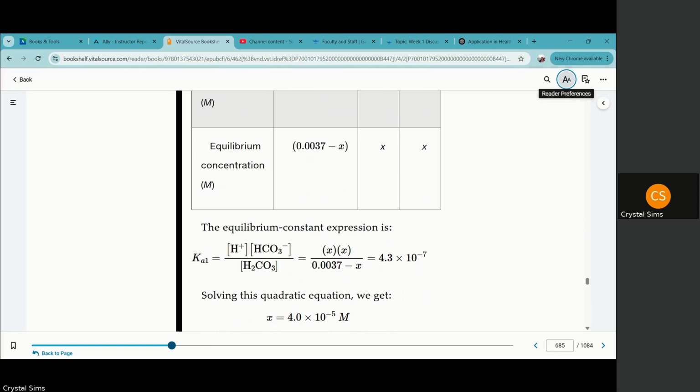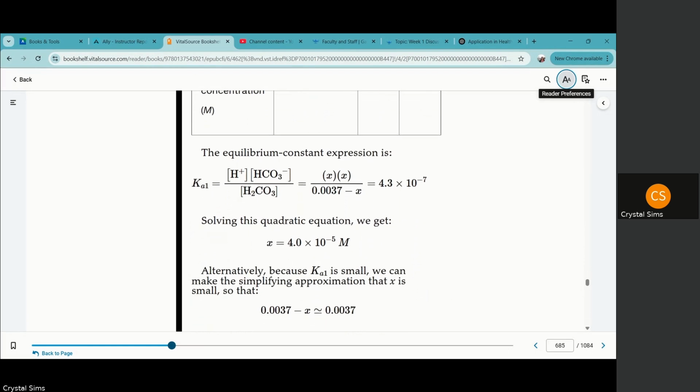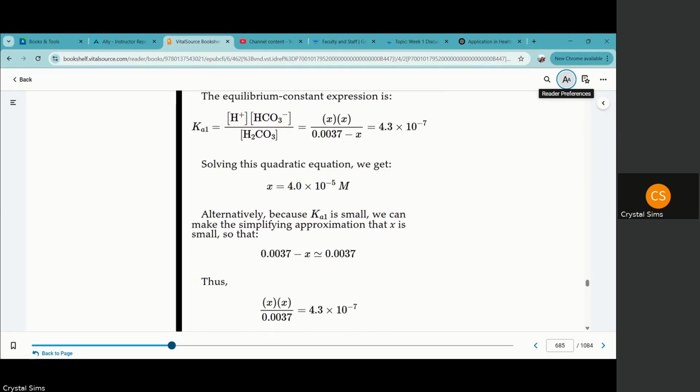Since this is not greater than 5% of my initial concentration, I can make my simplifying approximation. So I can just get rid of my x there in the change from my initial concentration, and then I can set this up to solve.